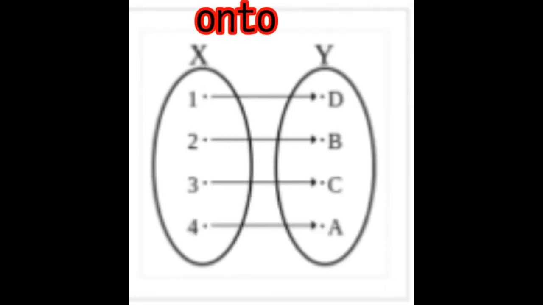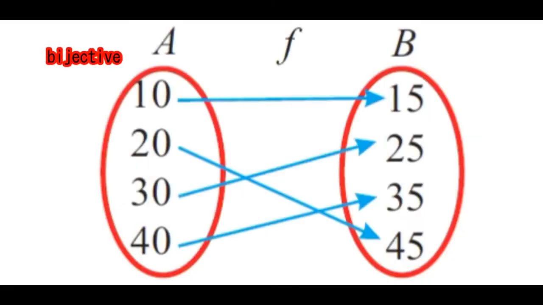A function f from A to B is said to be onto if the range of f is equal to the codomain of f. So range and codomain equal means we can say the function f is onto. What is a bijective function? If a function is one-one and also onto, we can say that function is bijective. So we are using only these 3 types today. Now go to the problems.